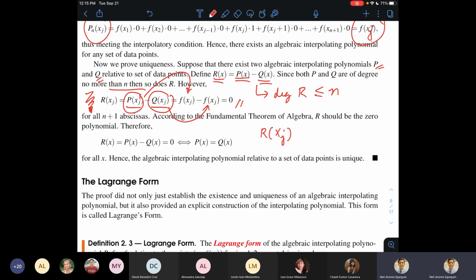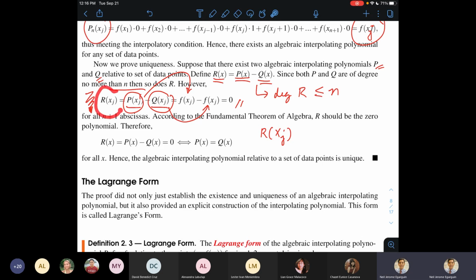All right? But we have mentioned here that R is degree no greater than n. Kaya lang, ilan yung roots na nahanap natin? Ilang x's at least yung nahanap natin na nagpapa-0 kay R? So we have x1, x2, x3 until x sub n plus 1.